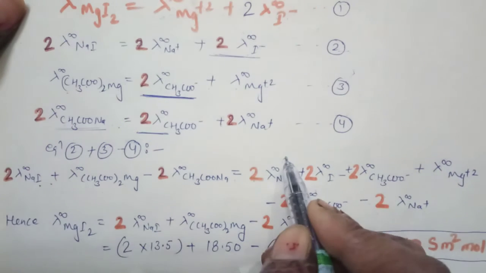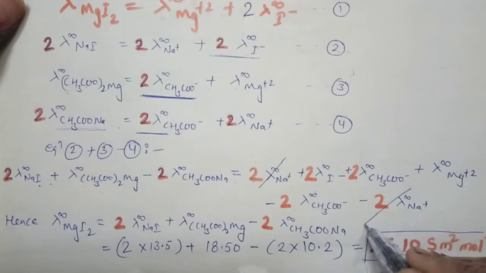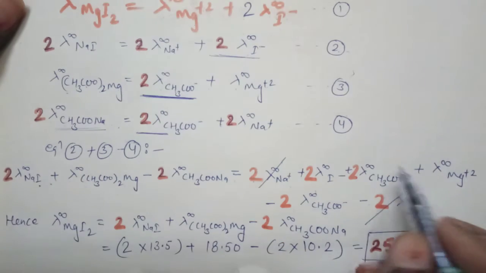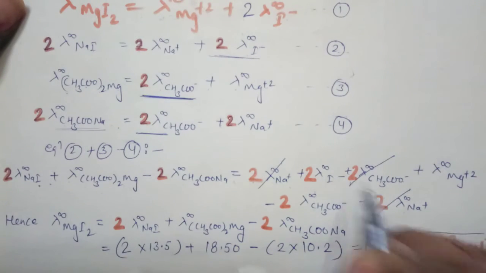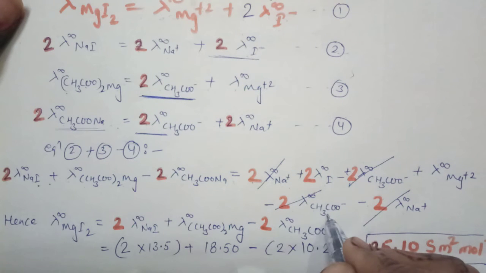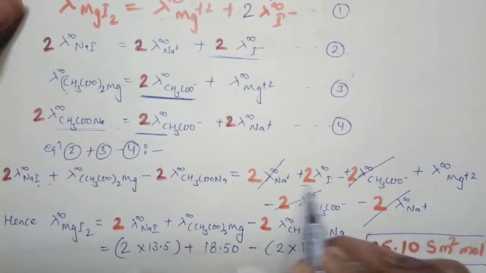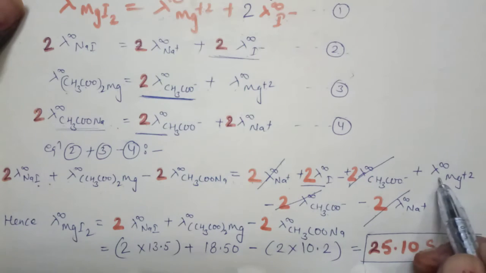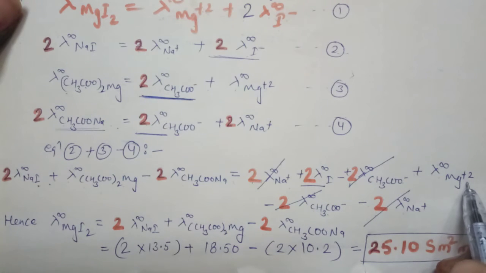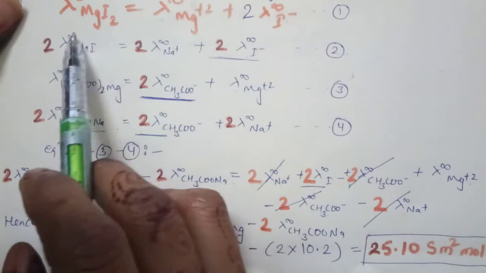So 2 lambda infinity Na plus are cancelled by minus 2 lambda infinity Na plus, and 2 lambda infinity acetate ions are cancelled by 2 lambda infinity acetate ions. So only 2 lambda infinity I minus and lambda infinity Mg plus 2 are obtained.